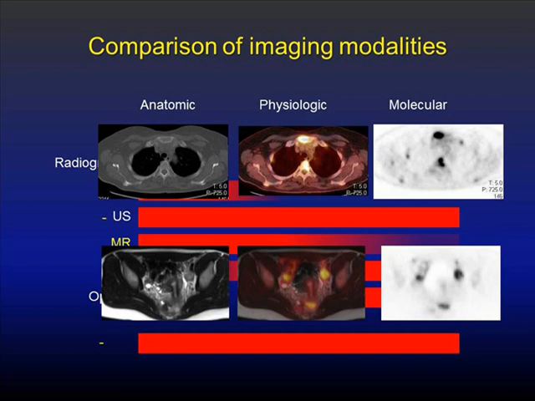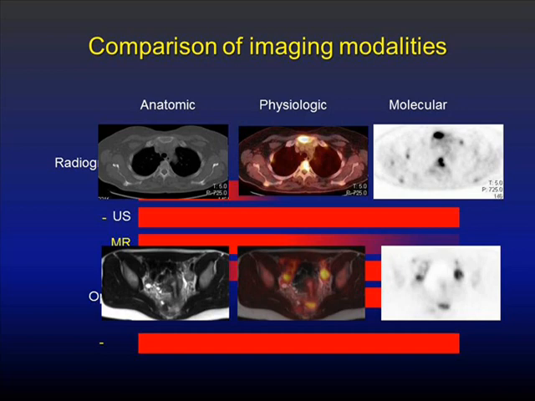PET, SPECT, and optical imaging, shown at the bottom, are frequently used for molecular imaging, and they're excellent for it, but they fall down a little bit when it comes to anatomy. We get very good images of processes, receptors, et cetera, but we don't place them in the body as well as you could with CT or MRI. But with hybrid imaging, we can get both.